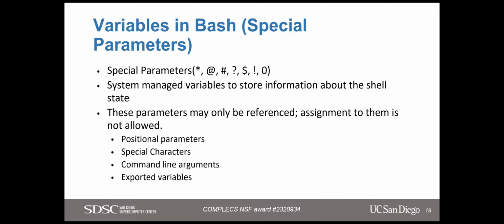They contain exit status, they contain process IDs, and you cannot assign values to these parameters directly. It treats them special. They can only be referenced. You can't assign anything to them, and they point to positional characters, special characters, command line arguments, and exported variables.